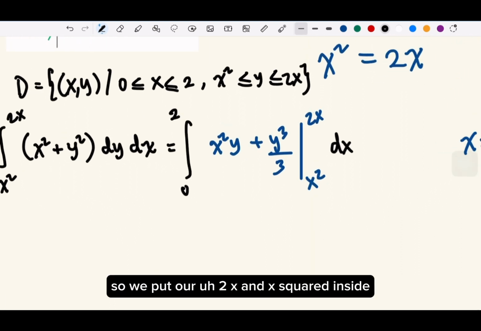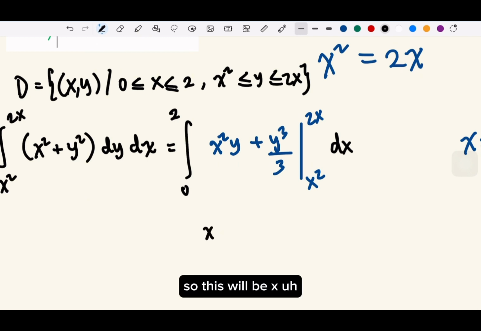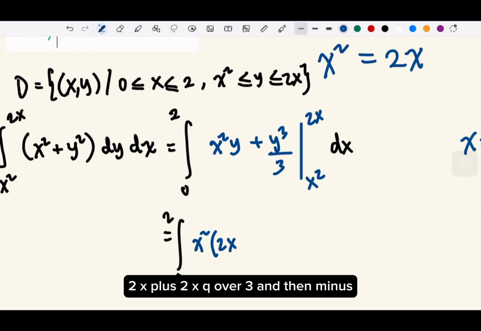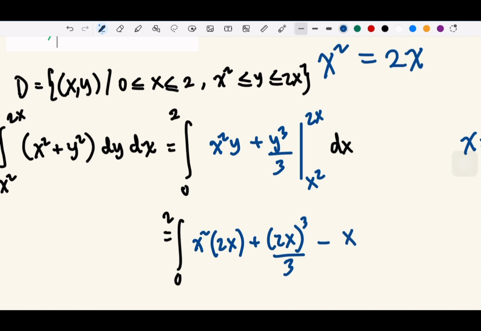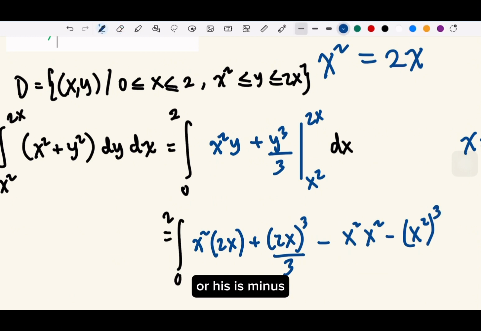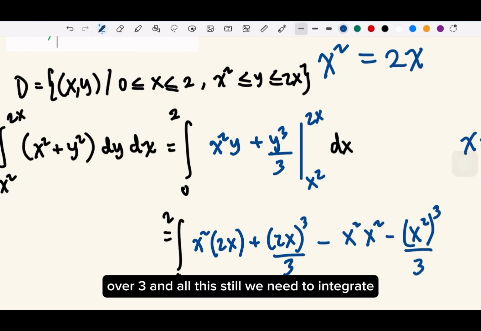So we put our 2x and x squared inside. So this will be x, let me write here, 0 to 2. This is x squared times 2x plus 2x cubed over 3, and then minus x squared times x squared, or minus x to the power of 4, over 3.